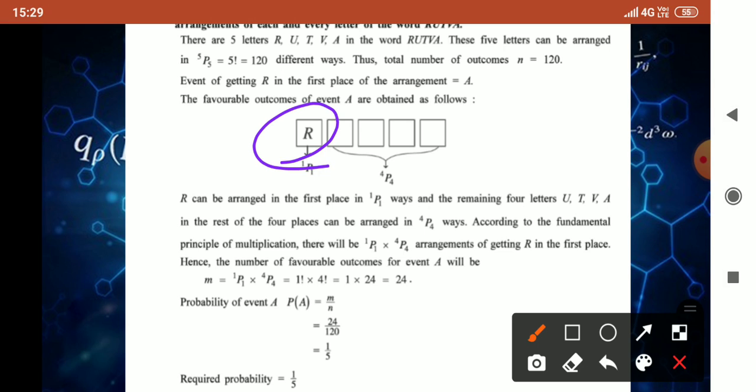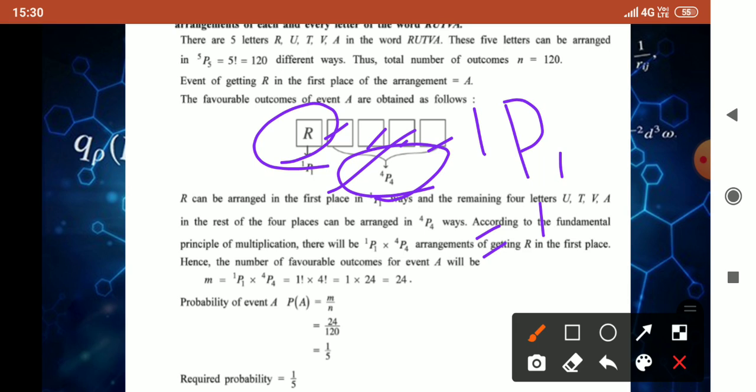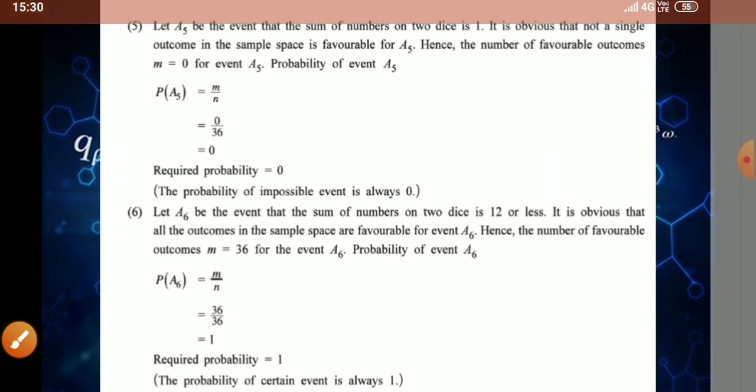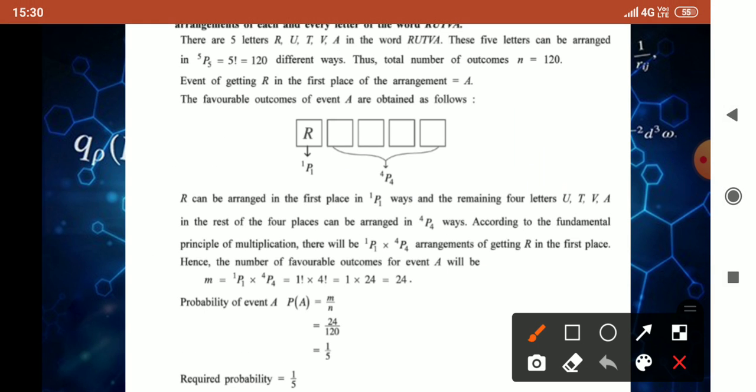So for the first place we will have an arrangement of 1P1 and the remaining 4 places can be arranged in 4P4 ways. So 1P1 is 1 and 4P4 is 24. So my answer will be 24. But out of, how many letters are there in the word Rutva? 1, 2, 3, 4, 5.